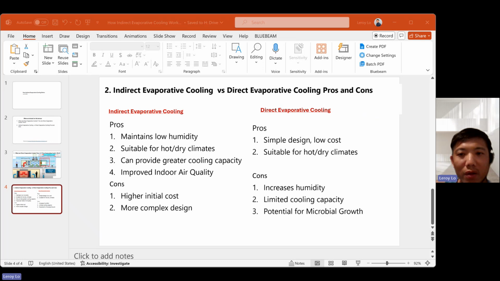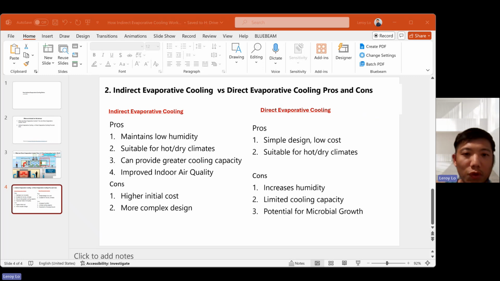Indirect evaporative cooling uses heat exchangers to cool the air without adding moisture, which really helps maintain low humidity levels. This is particularly beneficial in hot and dry climates where high humidity can be uncomfortable.